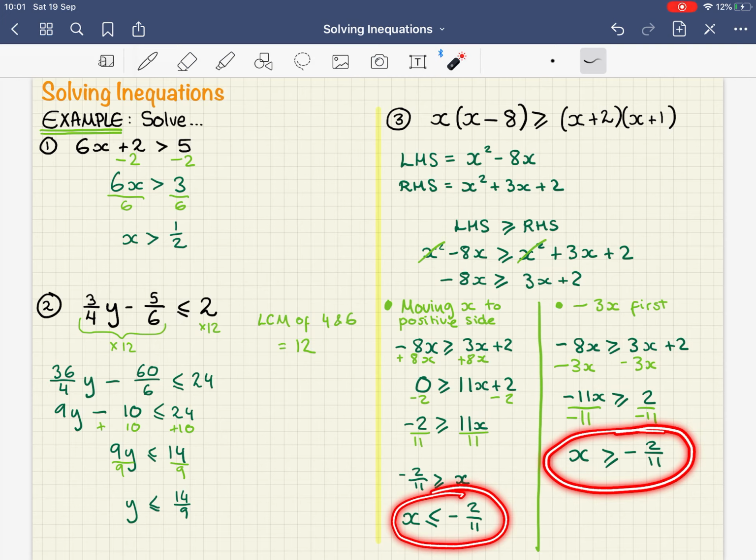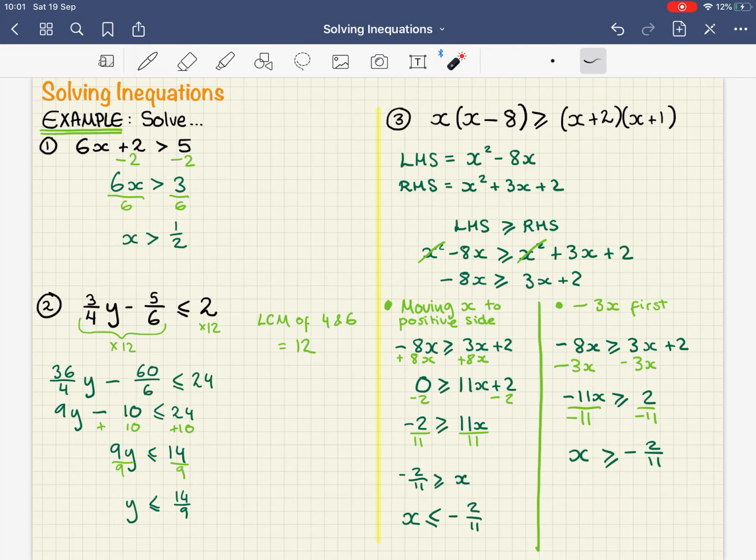Now the thing to always be careful of is if you divide by a negative, you need to flip this sign around. So that actually needs to be flipped around from this way. So we can see here it's turned about. And I mean, think about it this way.